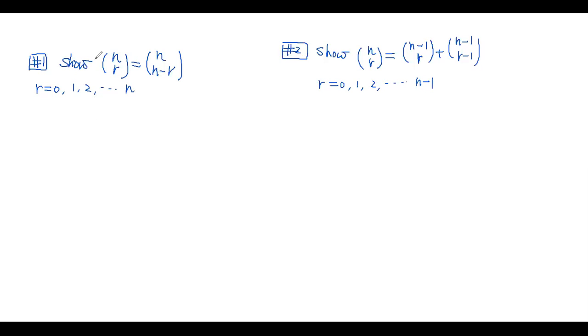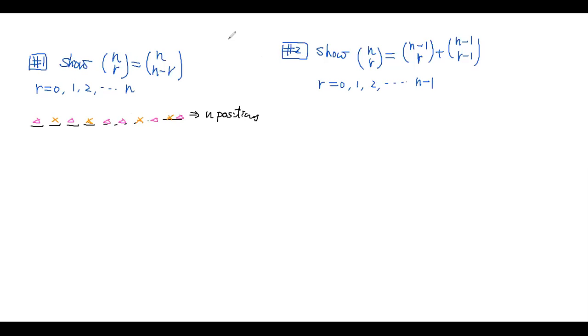This one is intuitively true, right? Say you have n positions, and you want to take r of them, so r could be here, here, here, or here. Calculating how many ways from the n you can take r is equivalent to how many ways from the n you can take the not-r's, right?